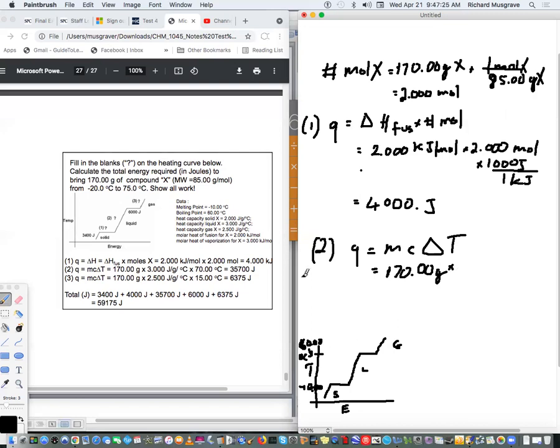The C, we're looking for the C of the liquid, heat capacity liquid, 3.000 joules per gram per degree Celsius, multiplied by the change in temperature. Now this gets a little bit trickier. The change in temperature is going to be the difference between 60 and minus 10, which is 70.00 degrees, not 50.